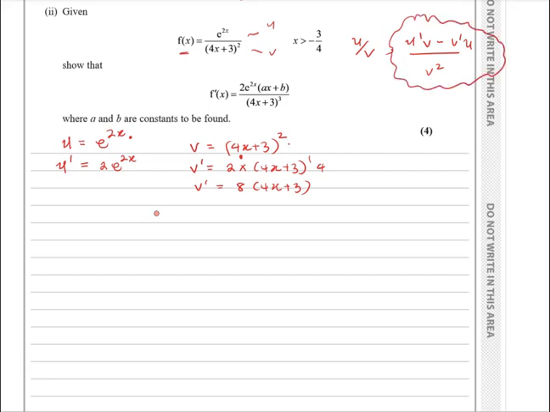Now we join it together, so our derivative f prime of x is going to be equal to the derivative of u, which is 2e to the 2x, multiplied by v, which is (4x plus 3) squared. You subtract the derivative of v multiplied by u, which is e to the 2x, all of it over (4x plus 3), all squared.